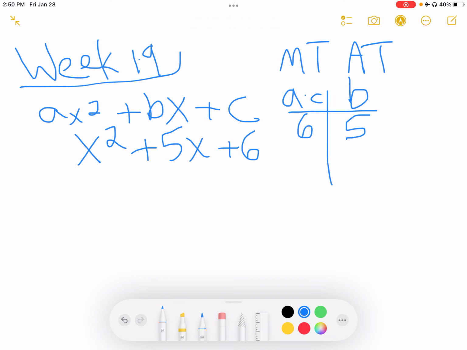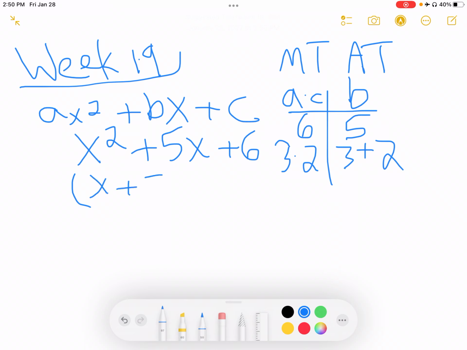When we think of two numbers there, we can think of 3 times 2. 3 times 2 is 6, and 3 plus 2 gives you 5.